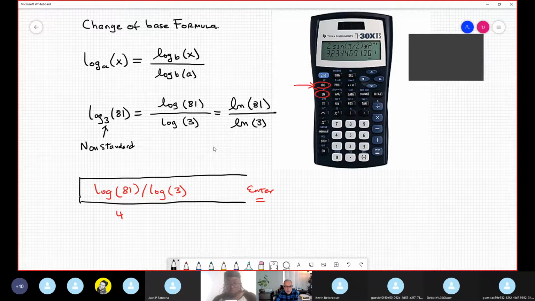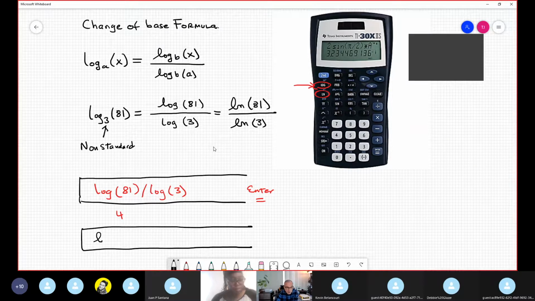So it's completely independent of the standard base we use. You press the ln key, 81 divided by ln of 3, and you get exactly the same result, independent of the base key you change.